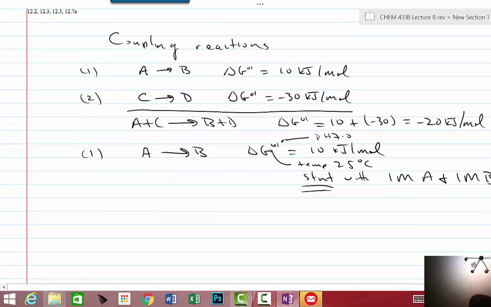Obviously, we're going to have less B and much more A after this, because this is an endergonic reaction. We should probably write this as a reversible reaction, but we won't do that right now.